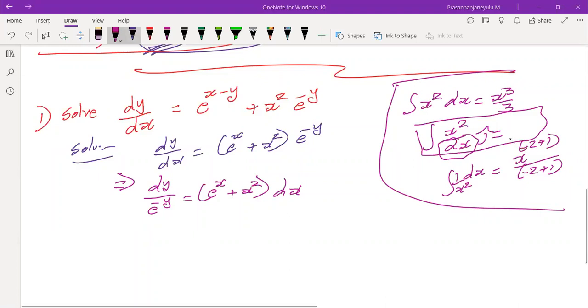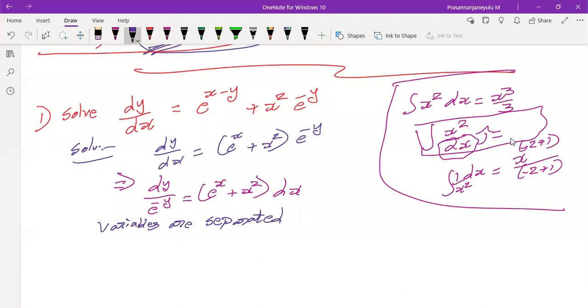So we have to write that step. Variables are separated. So applying integration on both sides.